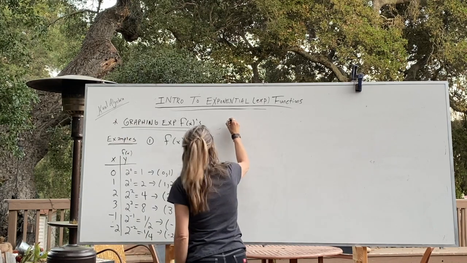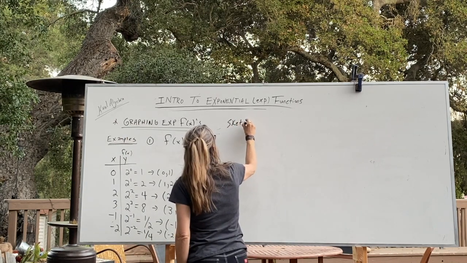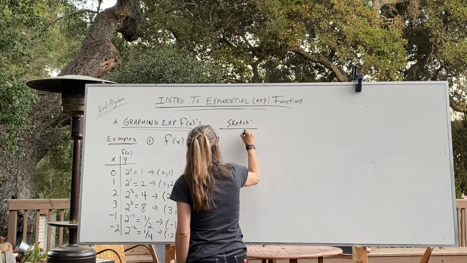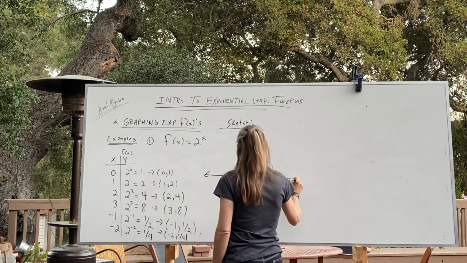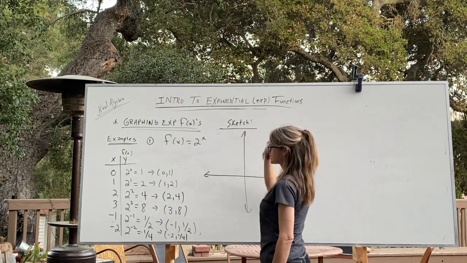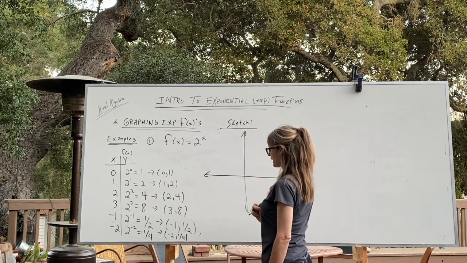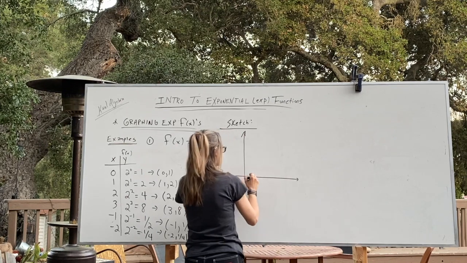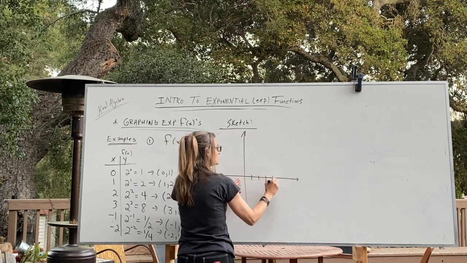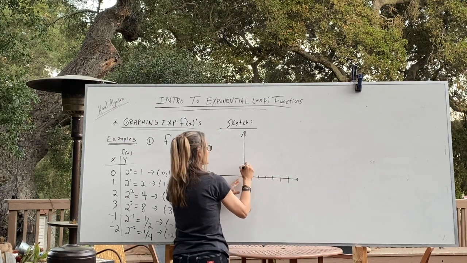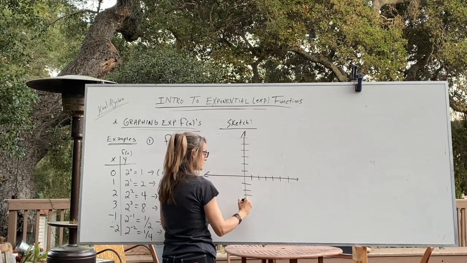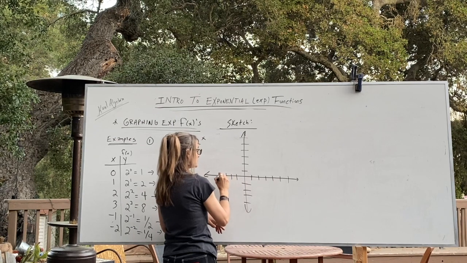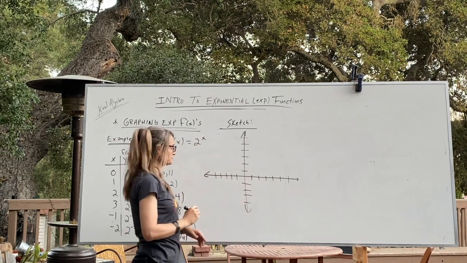Now if we do a sketch, what we have is something that's growing rapidly along the y-axis. Okay? And so the trend I want to show is this rapid increase. Now 2 is not that big of a base, but if it were 10, I'd want to adjust my spacing.